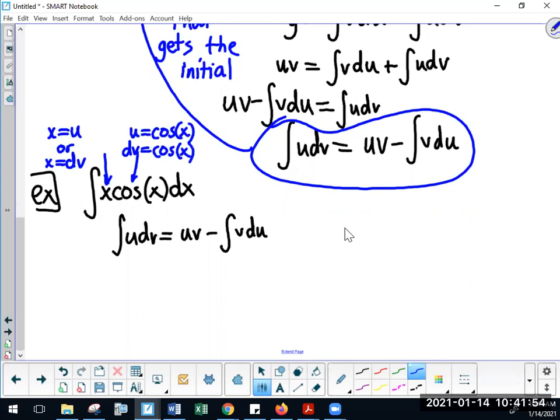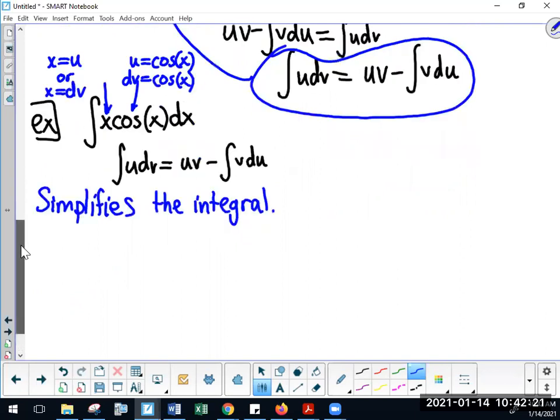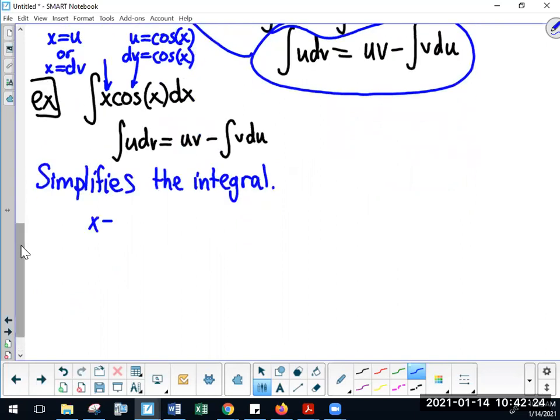And the answer to that question is whichever one of these is going to simplify the integral. What do I mean by that? Well, if I let x equal u, or u equal x, if I look at my formula, I need a du.